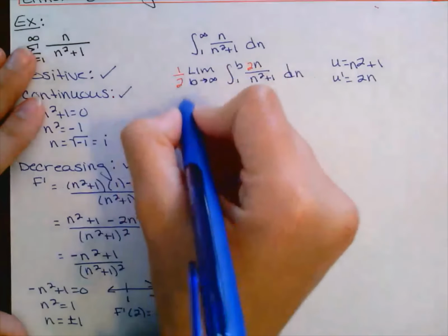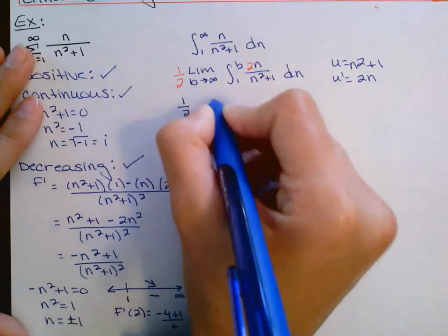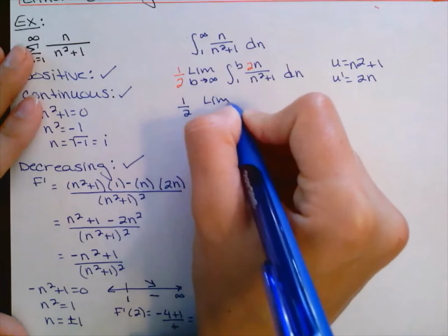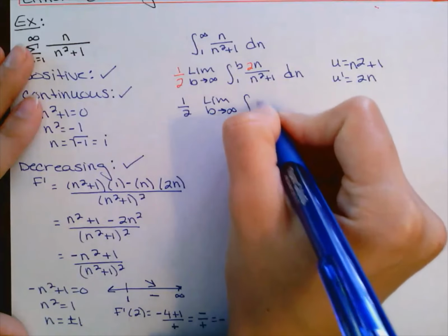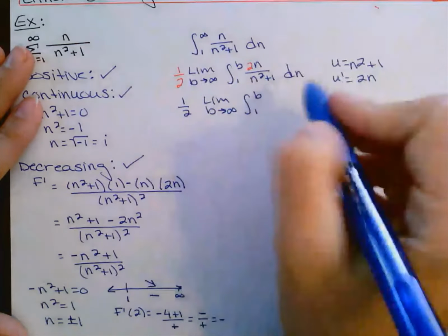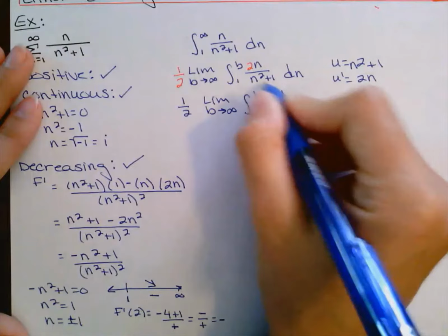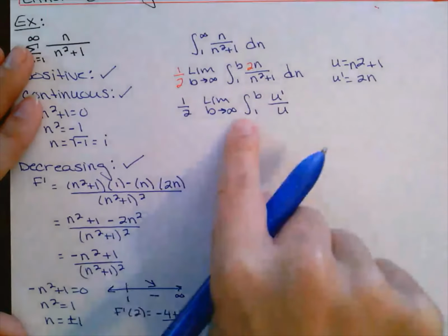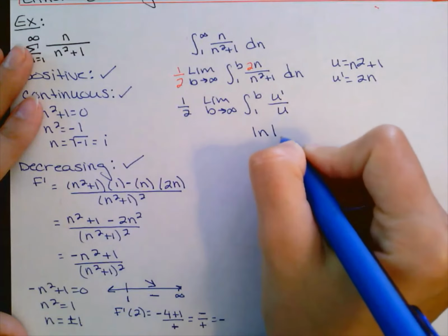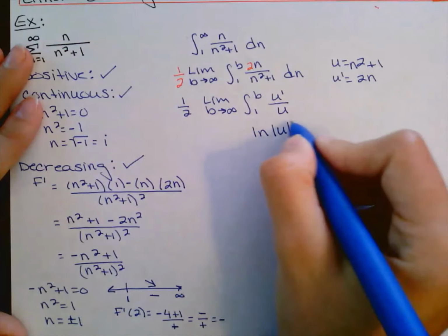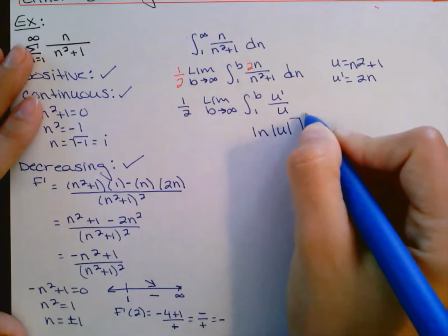So now I have half times the limit as b approaches infinity of the integral from 1 to b. Here's my u prime over my u. I know the answer to this antiderivative is going to be an ln of absolute value of u, and this is going to go from 1 to b.